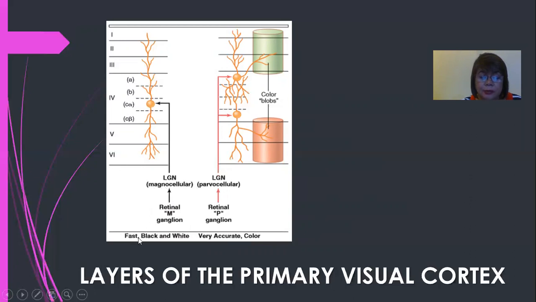This one is for fast transmission, black and white. While the retinal P ganglion cells, or the LGN parvocellular cells, land on 4C and 4A there. It is very accurate, interprets very accurately, and it has color. The interpretation sees color.